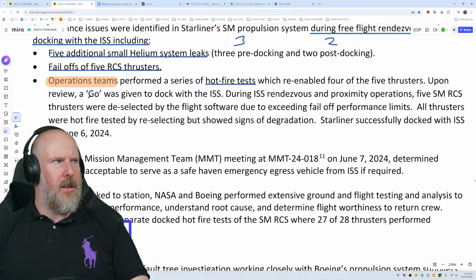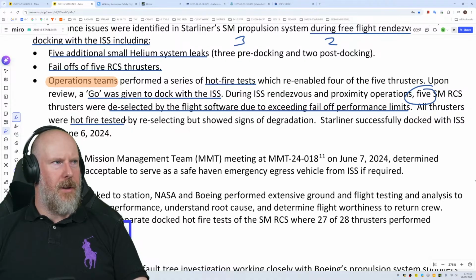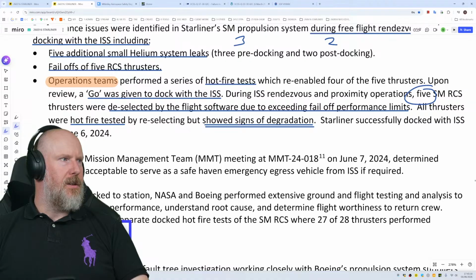Upon review, a go was given to dock with ISS. During ISS rendezvous and proximity operations, 5 SMRCS thrusters were deselected by the flight software due to exceeding fail-off performance limits. All thrusters were hot fire tested by reselecting, but showed signs of degradation. Starliner successfully docked with ISS on June the 6th, 2024.